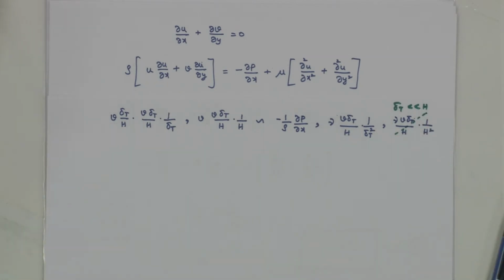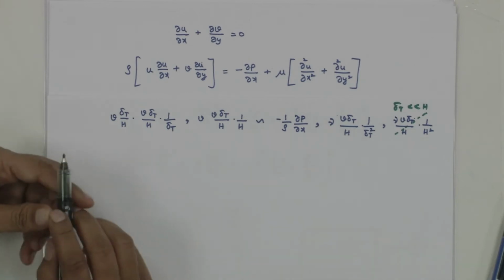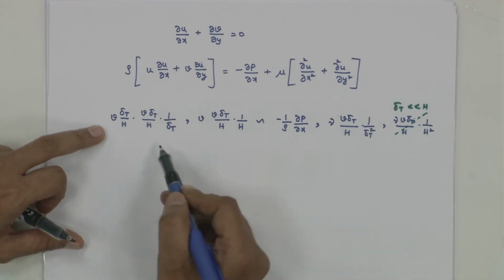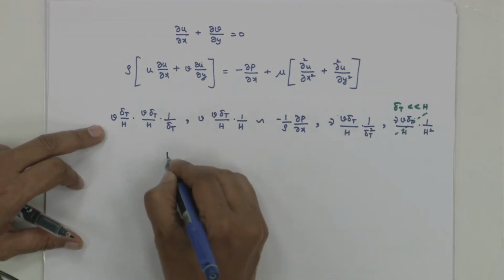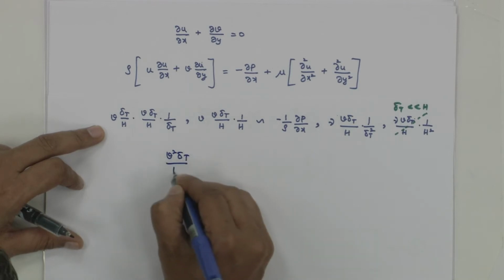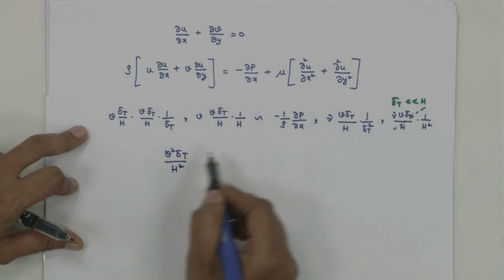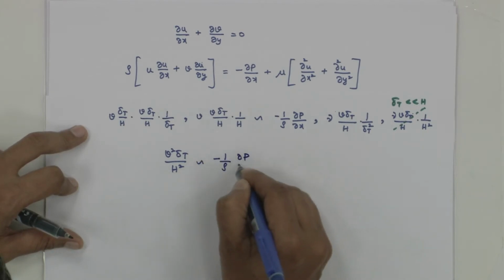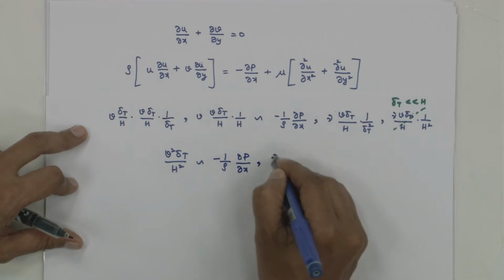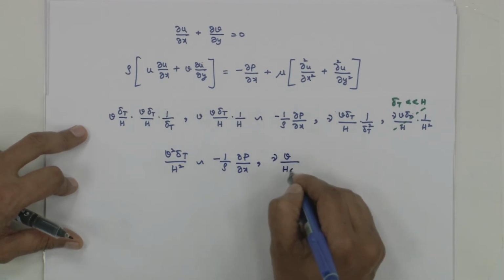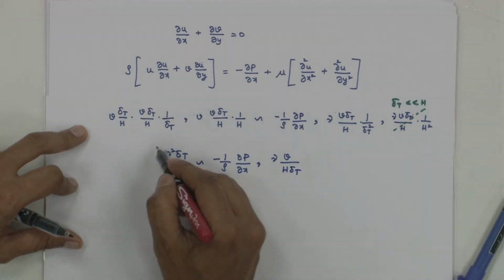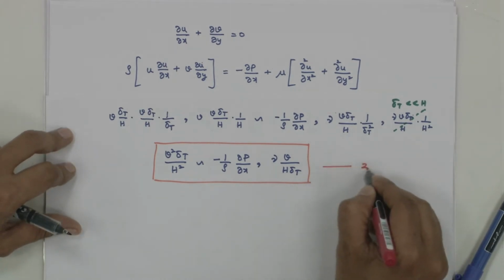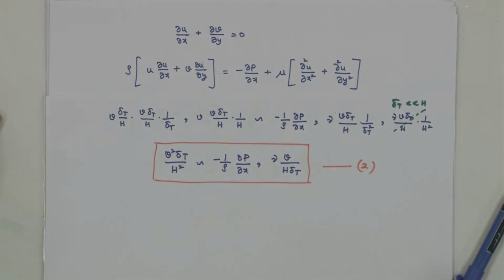Similarly, on the left hand side, this is V squared delta t by h squared, so it is the same. So you get V squared delta t by h squared as the scale on the left hand side, of the order of minus 1 by rho del p by del x, comma nu V by h delta t.